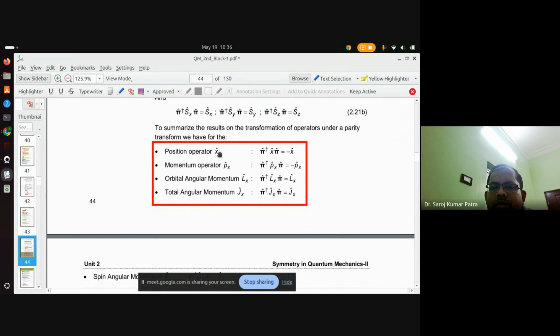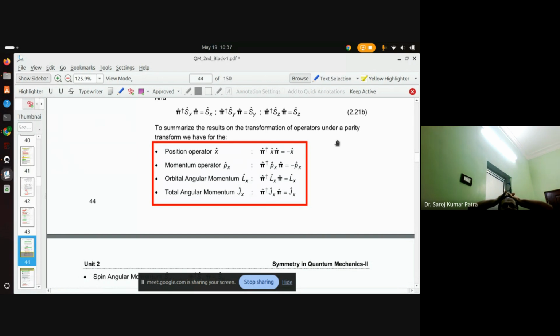I would suggest you keep it in mind. This is the property of the parity operator. Many times in subsequent units or courses, when you hear the word parity, these things should come to your mind. Okay, what is parity? What does the parity operator do?